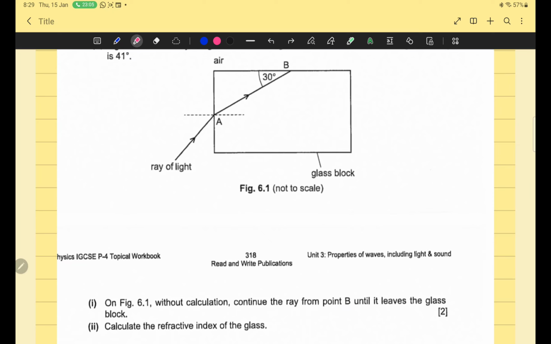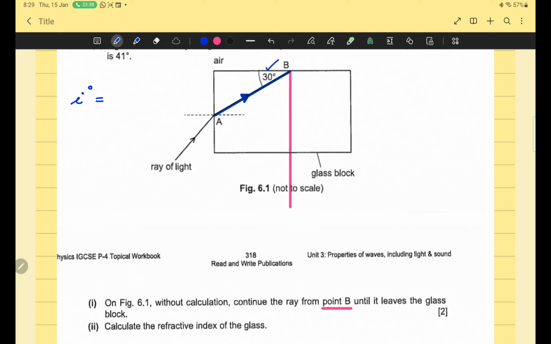Rafe, if I draw a normal at B, and this is the incident ray, then what is the angle of incidence? 60.